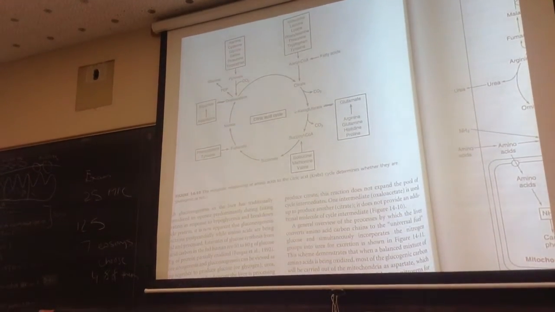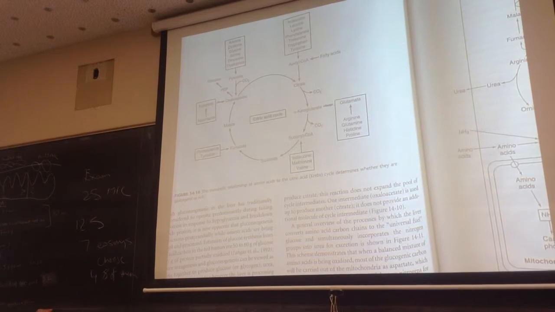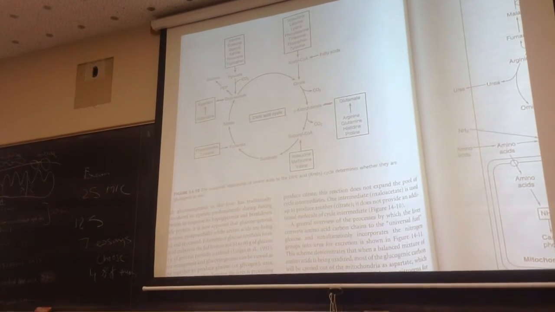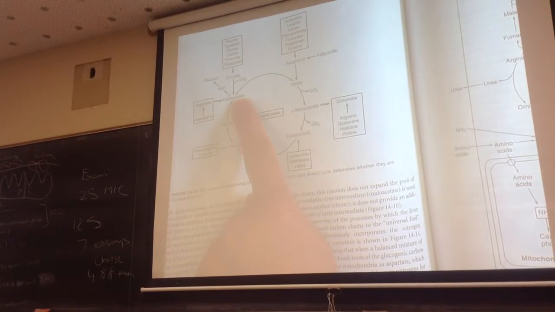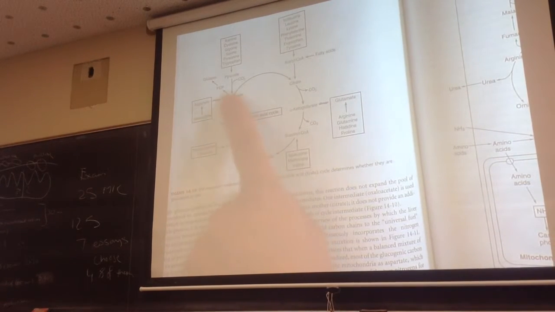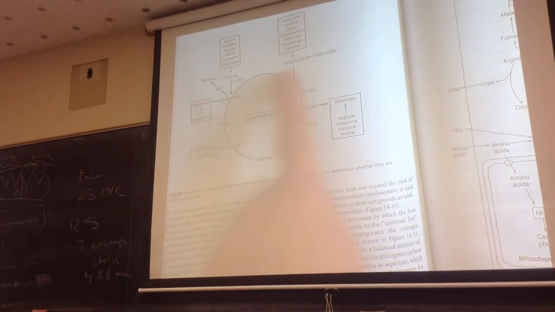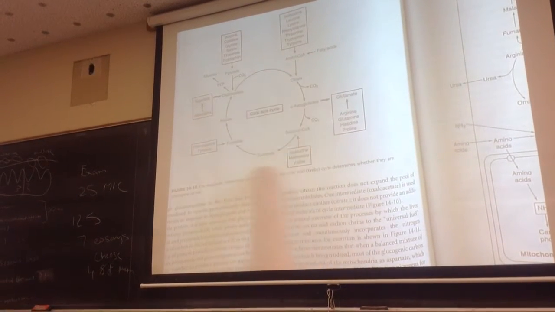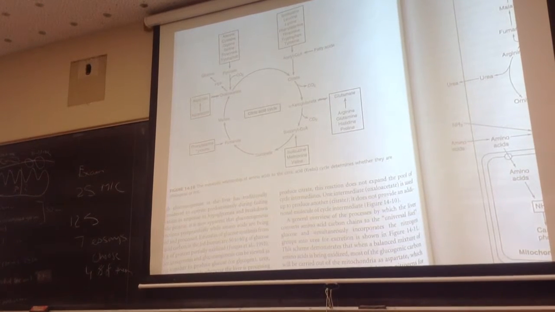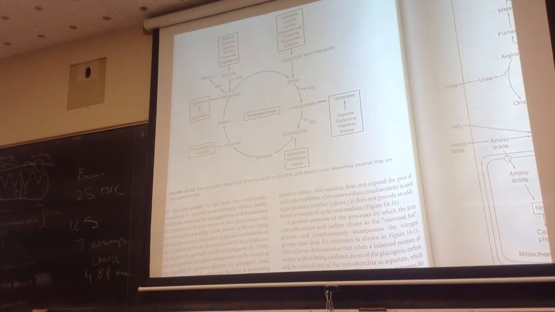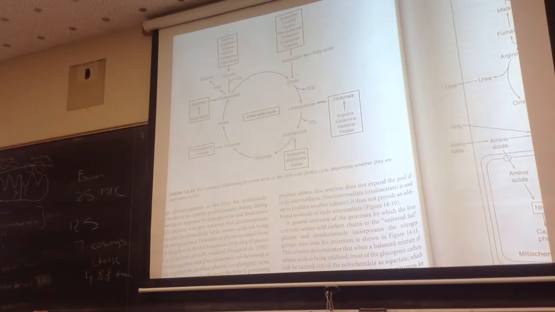So to say that one more time in a slightly different way, because this is important. Oxaloacetate has a lot of options, right? It can become glucose, or it can join with acetyl-CoA to run the Krebs cycle over and over again. If you are running the Krebs cycle, you are generating energy in the form of ATP for storage.